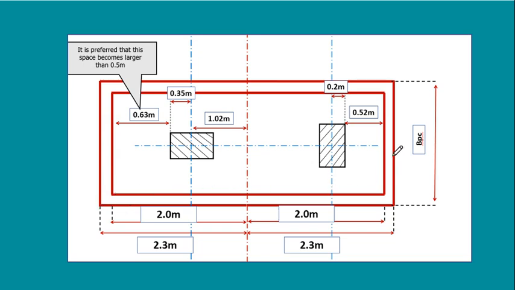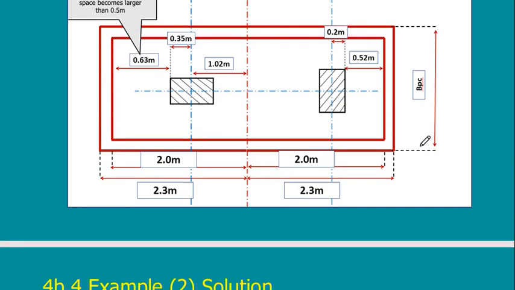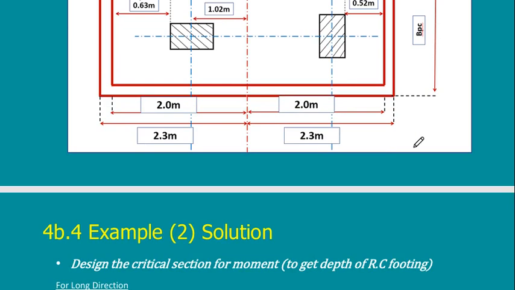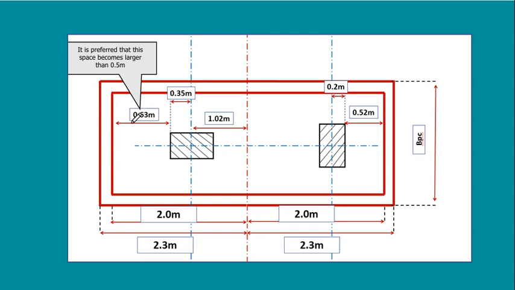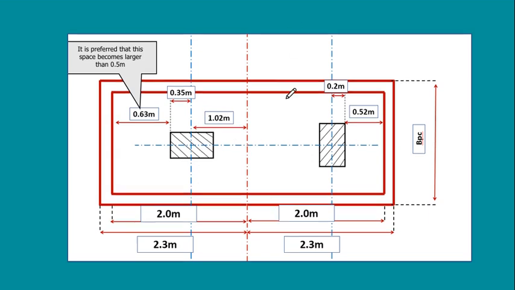And inside is my RC, that is 0.3 meter all around inside my plain concrete. So now I have all the dimensions I need, and I checked it, and here it is okay. The dimension is reasonable with the other. This cantilever is okay with this cantilever, and the cantilevers in the other direction are also more or less within range. So my footing will be economic.